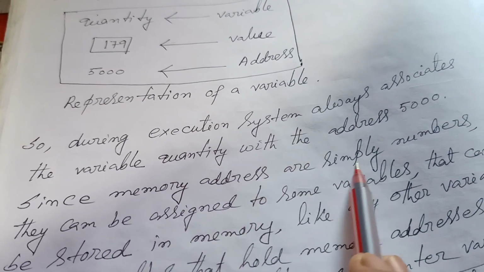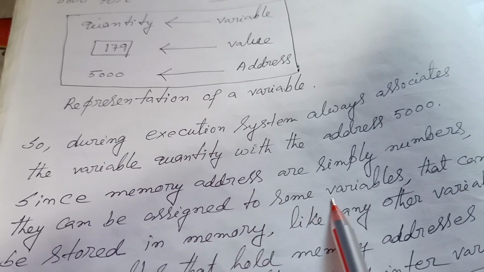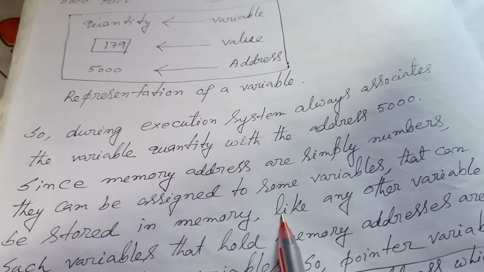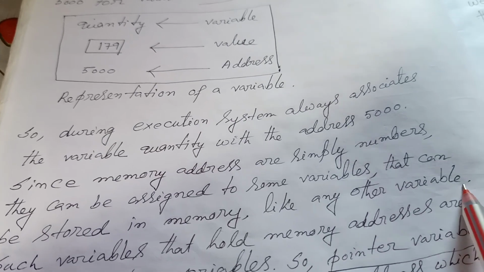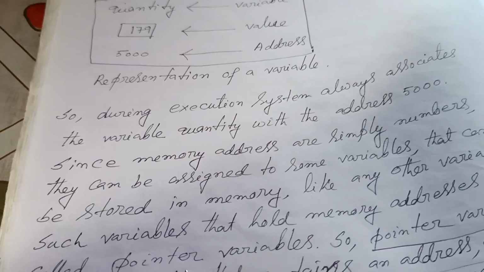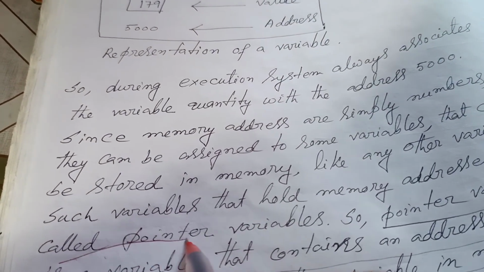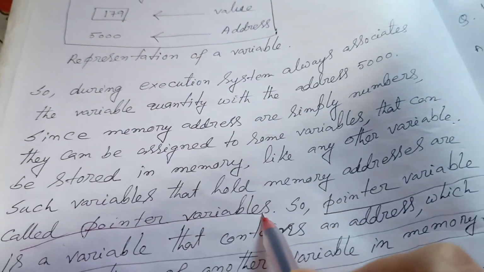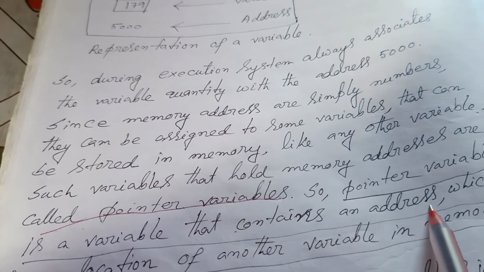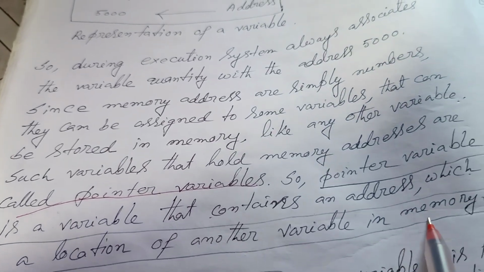Since memory addresses are simply numbers, they can be assigned to variables that can be stored in memory like any other variables. Such variables that hold memory addresses are called pointers.